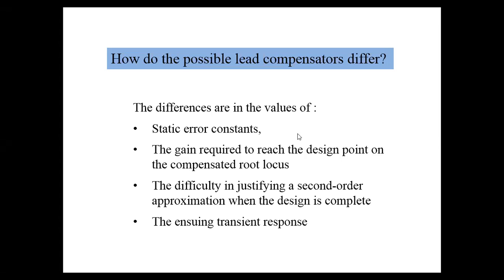For design, we arbitrarily select either a lead compensator pole or zero and find the angular contribution at the design point of this pole or zero along with the system's open loop poles and zeros. The difference between this angle and 180 is the required contribution of the remaining compensator pole or zero.